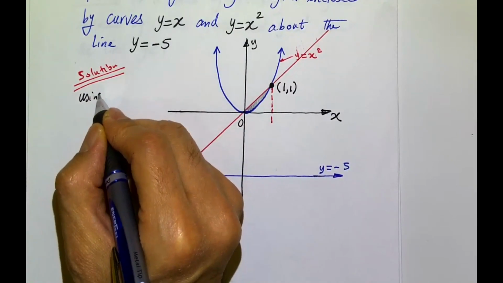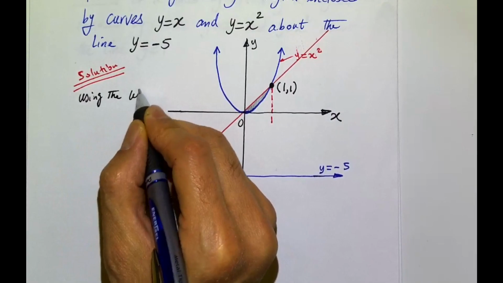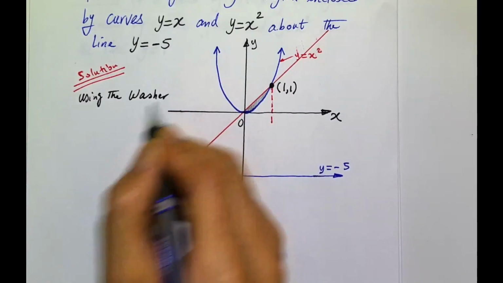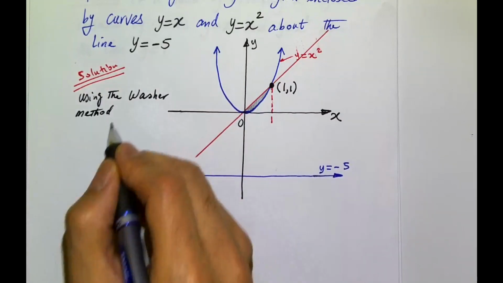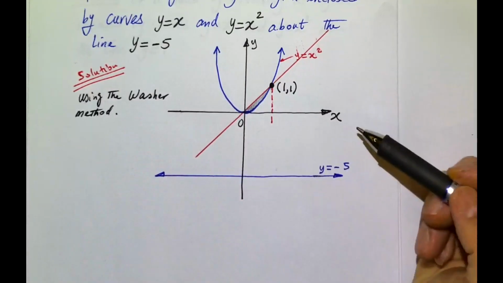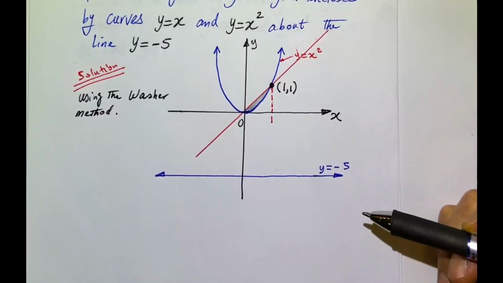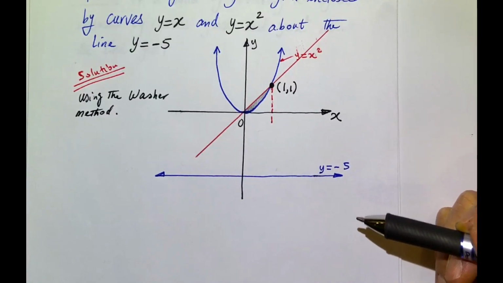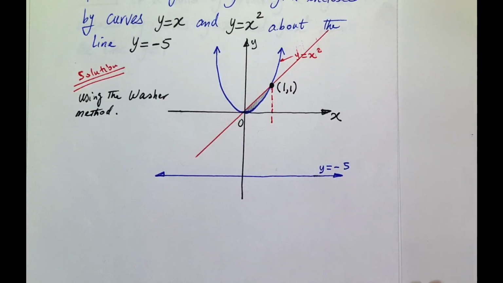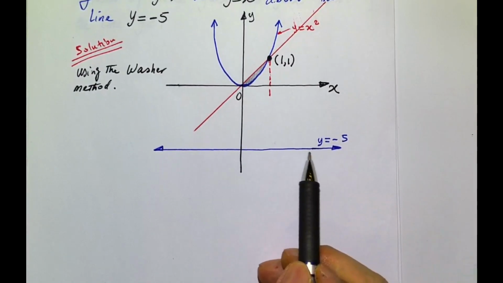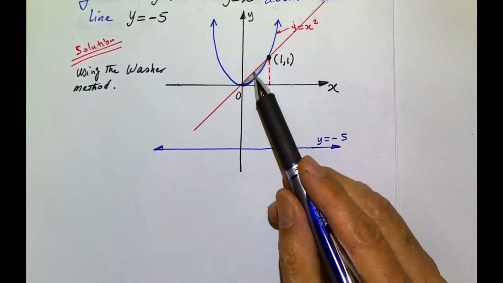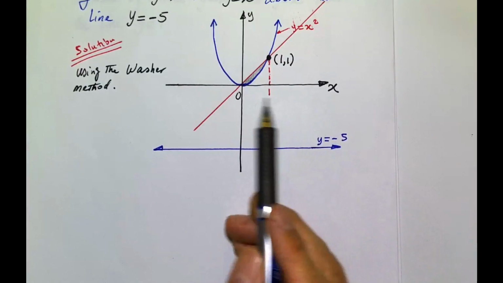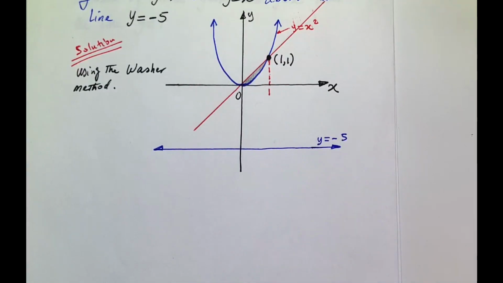So using the washer method, that's going to be our formula. Now we're going to have to figure out the inner and outer radius, first of all. But notice that because the line about which we're rotating this region is parallel to the x-axis, it would be dx.